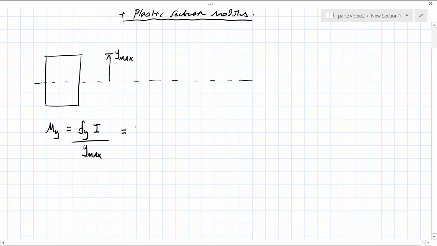More generally, this is written as Fy times z, where z is equal to the second moment of area divided by y max. And this is called the elastic section modulus.